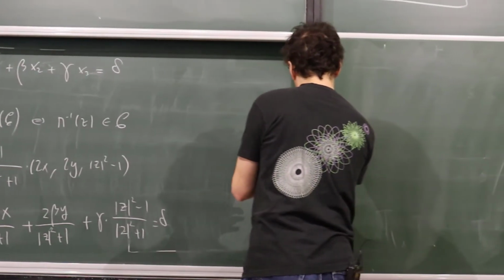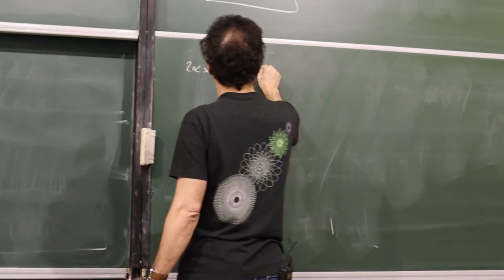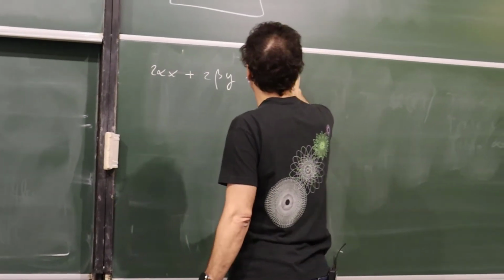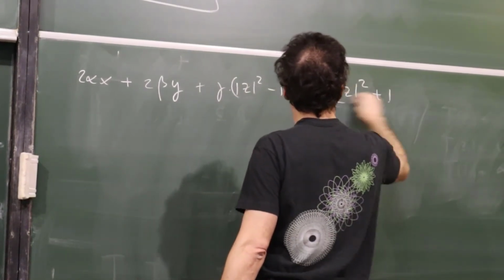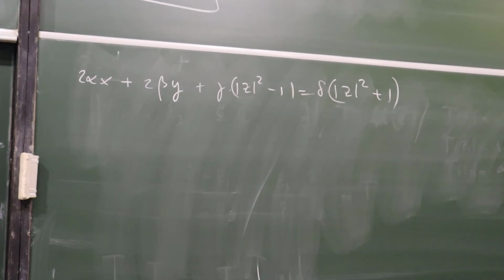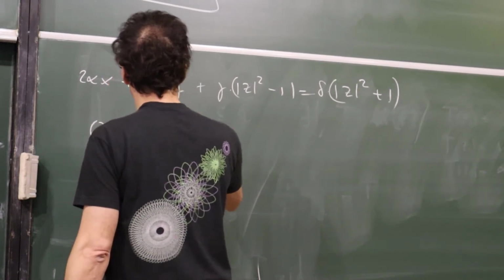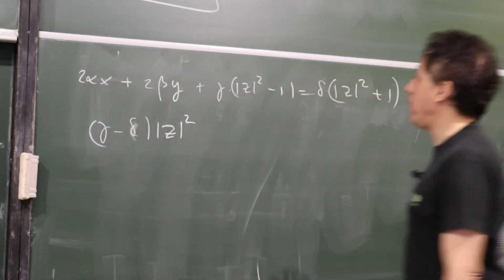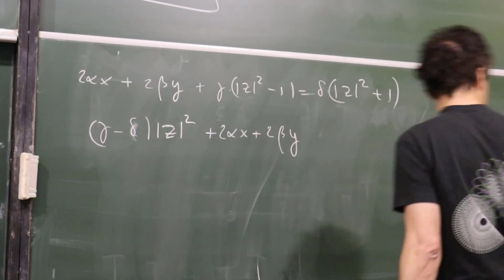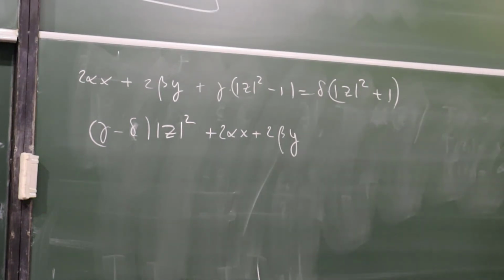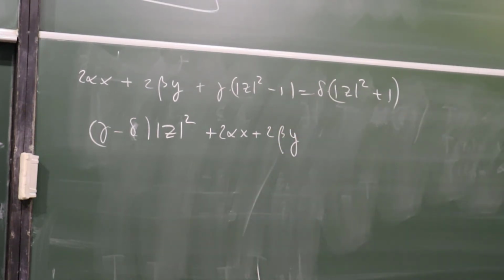This is 2 alpha x plus 2 beta y plus gamma modulo Z squared minus 1, and this can be written like this: gamma minus delta times modulo Z squared, plus 2 alpha x plus 2 beta y plus a certain number that must be minus gamma minus delta.